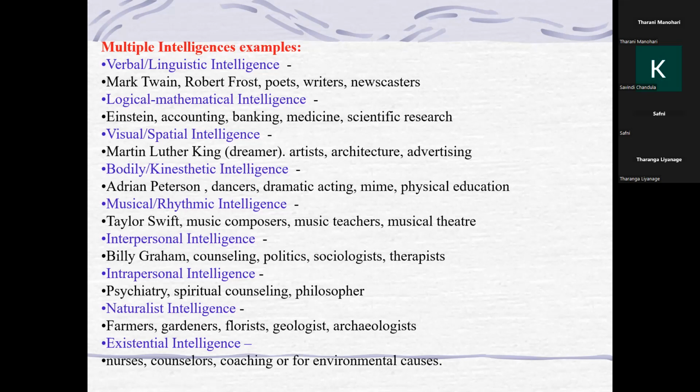Intrapersonal means understanding of the self. How much you know about yourself. So the spiritual counselors, philosophers, they know a lot about the inner self. Naturalist, so the people who love nature, gardeners, florists, geologists, archaeologists, etc. And finally, we have the existential intelligence.